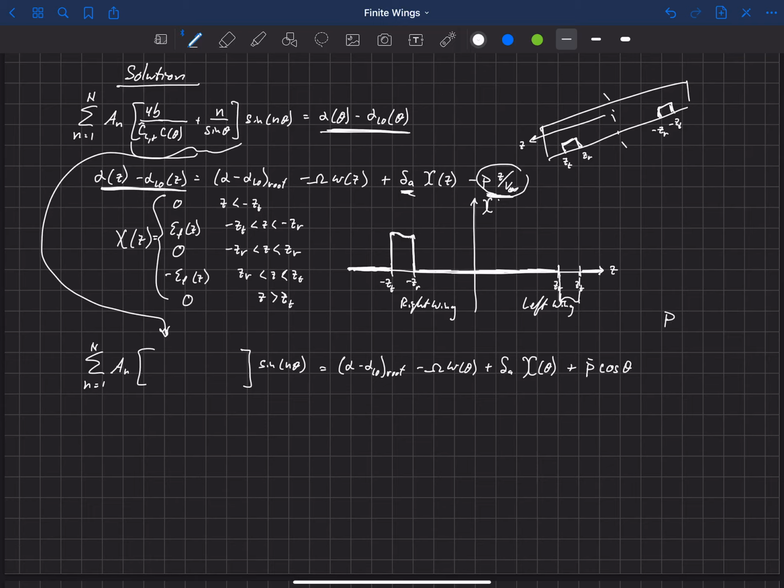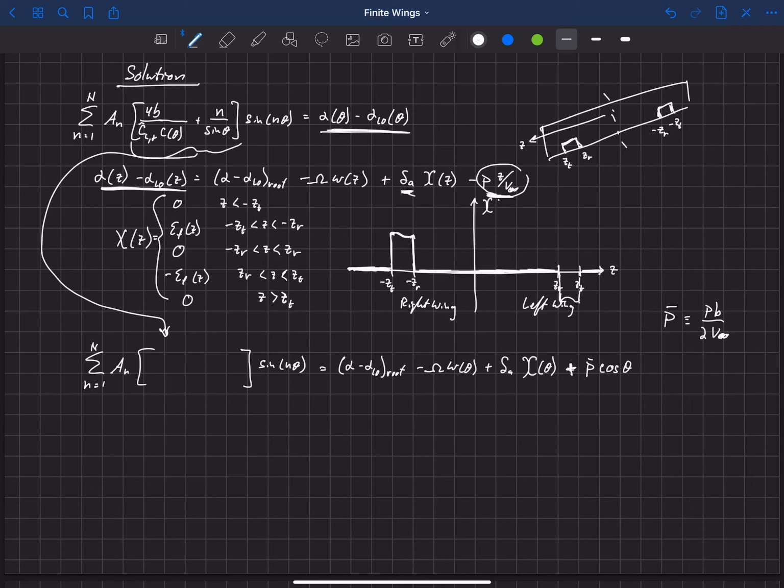And p bar is defined as the rolling rate times our span over 2 v infinity. This is just a general, conventional method for non-dimensionalizing our rolling rate. Okay, so we can put that in terms of what we're going to call a non-dimensional rolling rate, p bar.